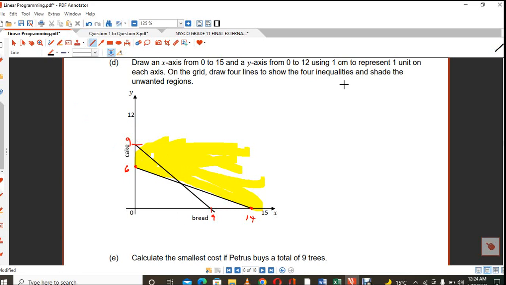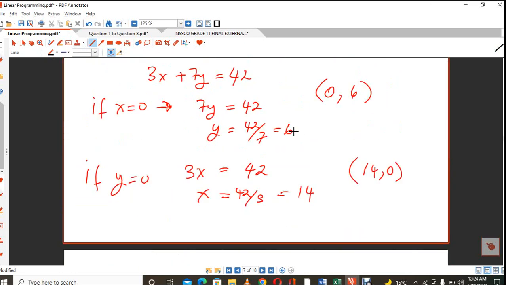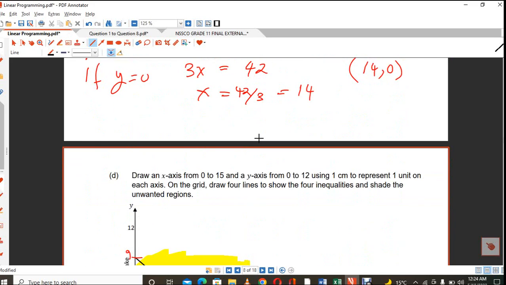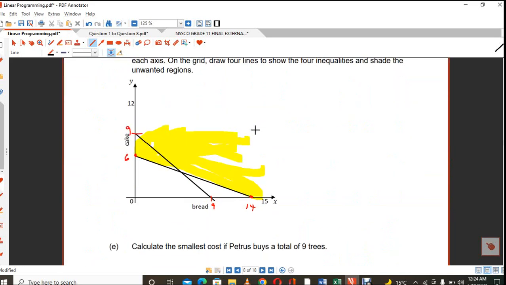And again, the inequality is saying x plus y is less than, so we shade above the line that we just drew. So you'll be shading above this particular line, and this part here is what you'll be shading.